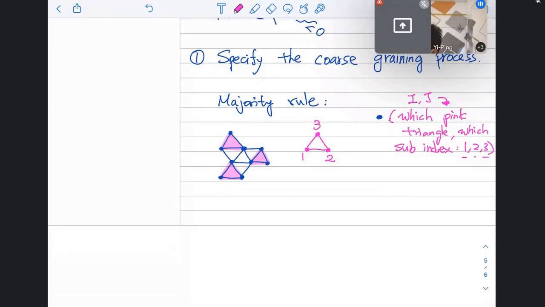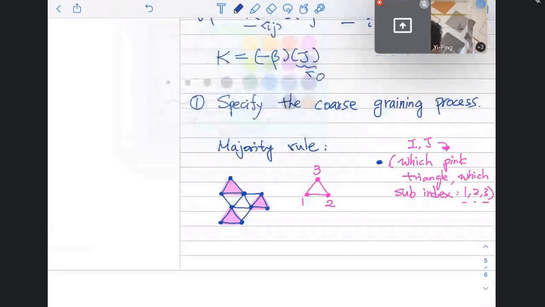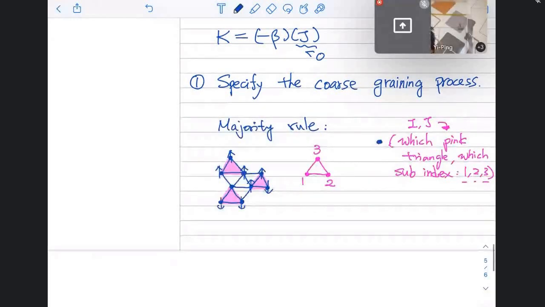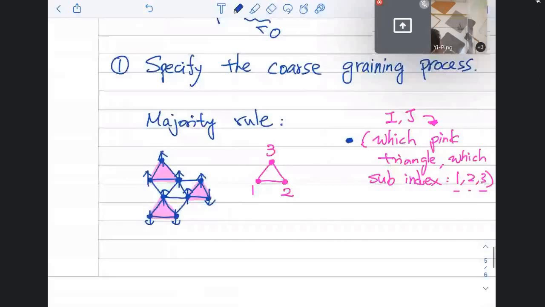So then after we divide the system into these different patches of spins, what do we mean by the majority rule? For example, for every spin configuration in here, I'm just randomly drawing a spin configuration on this blue. Let me zoom in.